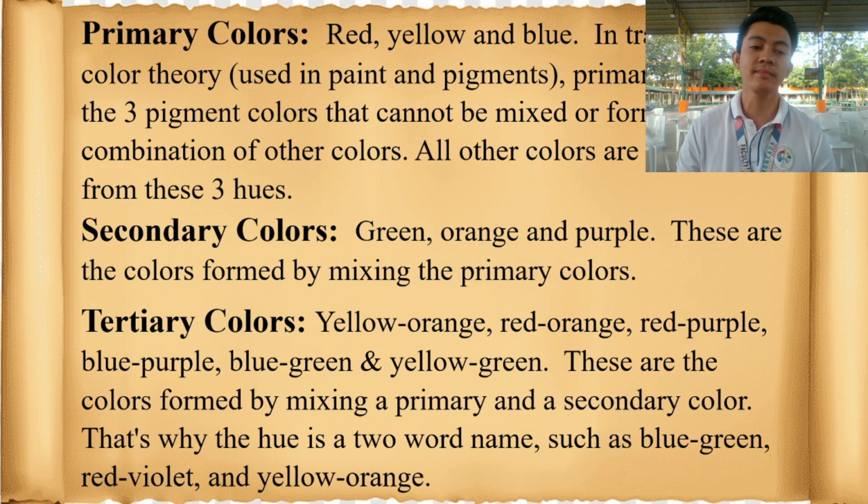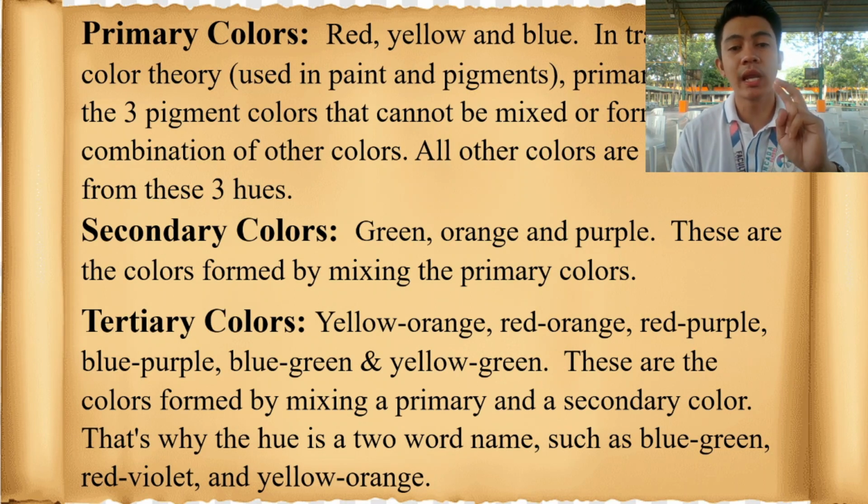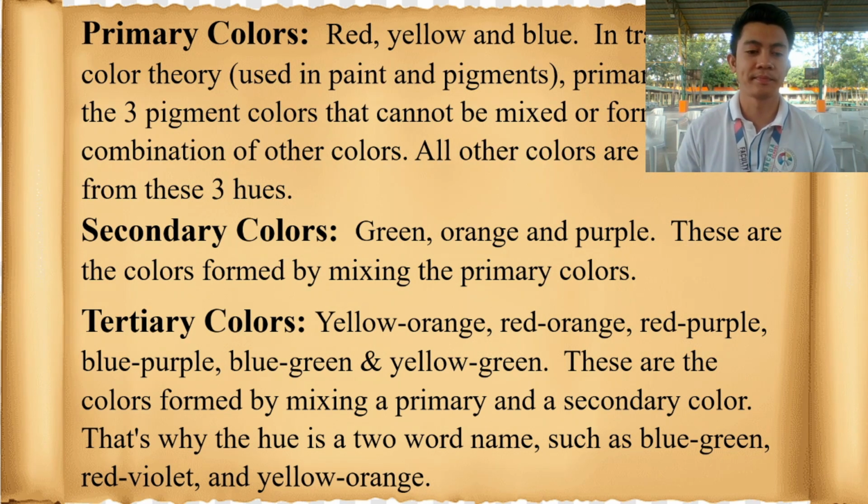Alright? Next, secondary colors: green, orange, and purple. These are the colors formed by mixing the primary colors. Para magkaroon tayo ng secondary colors, yung dalawang kulay sa primary colors, paghahaluin mo siya in order to produce or create secondary colors. Alright.